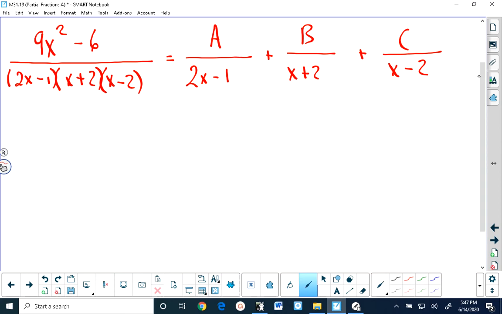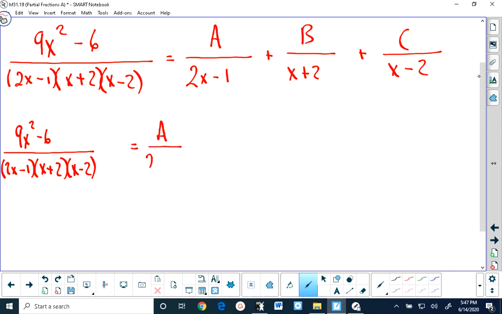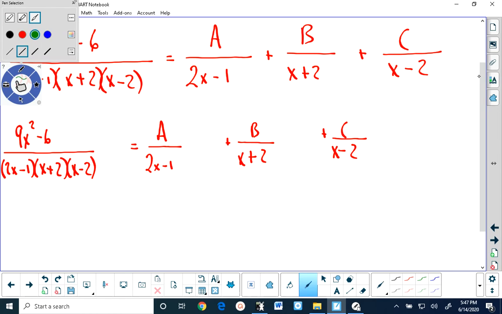So I am actually going to rewrite the whole thing and show that I am multiplying every term in this equation by 2x minus 1, x plus 2, x minus 2.